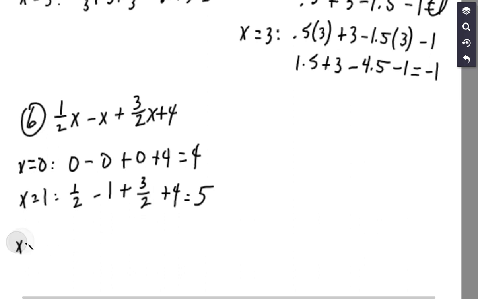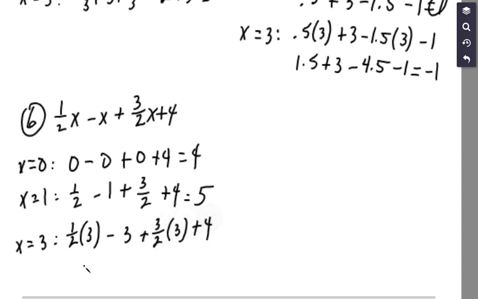And then if I put 3 in there, that's going to be basically half of 3 minus 3 plus 3/2 times 3 plus 4. So that's going to be 1.5 minus 3, and then this would be 4.5, and then this would be just the 4.